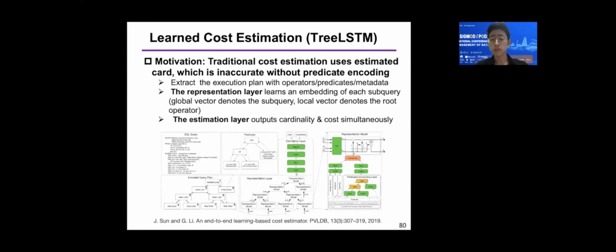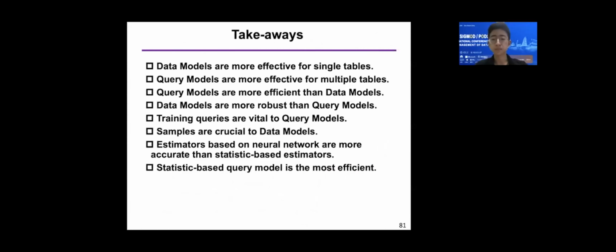So Sun has proposed an encoding learning-based cost estimator with a tree-structured LSTM that learns a representation for each subplan with physical operators and predicates, and outputs the estimated cardinality and the cost simultaneously by using another estimation layer. Moreover, the method encodes keywords in the predicates using word embedding.